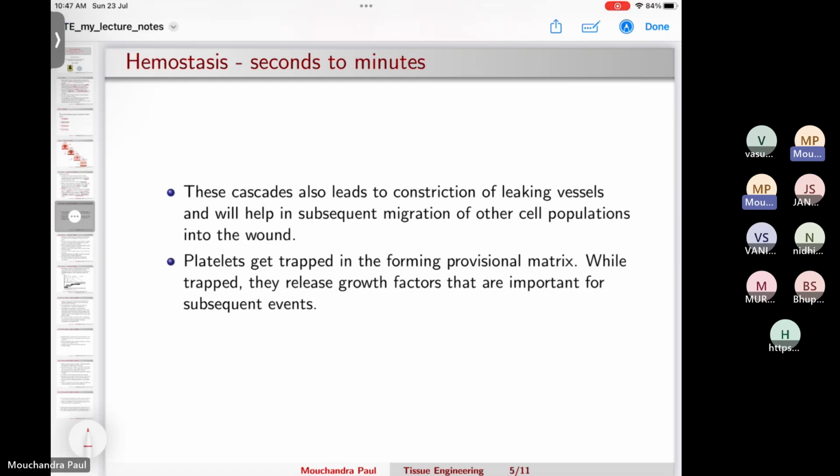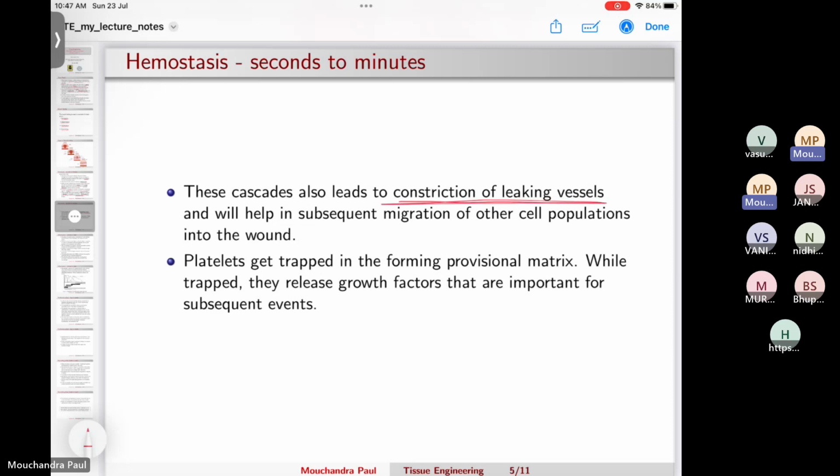So how are these cascades helping? The first thing they did is the formation of a provisional matrix made of fibrin. That is going to help in further steps. Next, these cascades help in constriction of the leaking blood vessels.